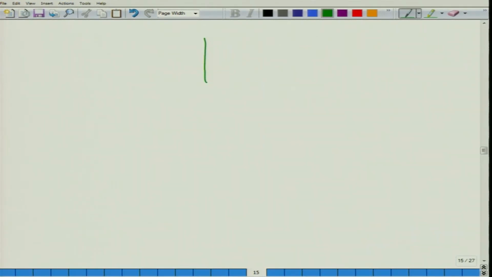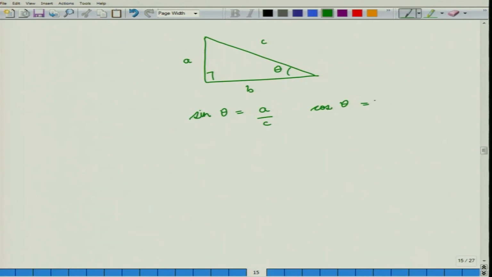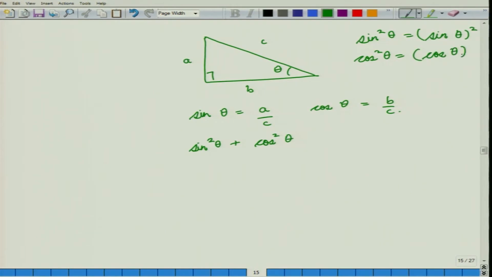Now, let us look at one other relation. We have sin theta equals A upon C, cos theta equals B upon C. Now, let us look at sin square theta plus cos square theta. So, when we write sin square theta, it means sin theta whole square, and cos square theta equals cos theta whole square.